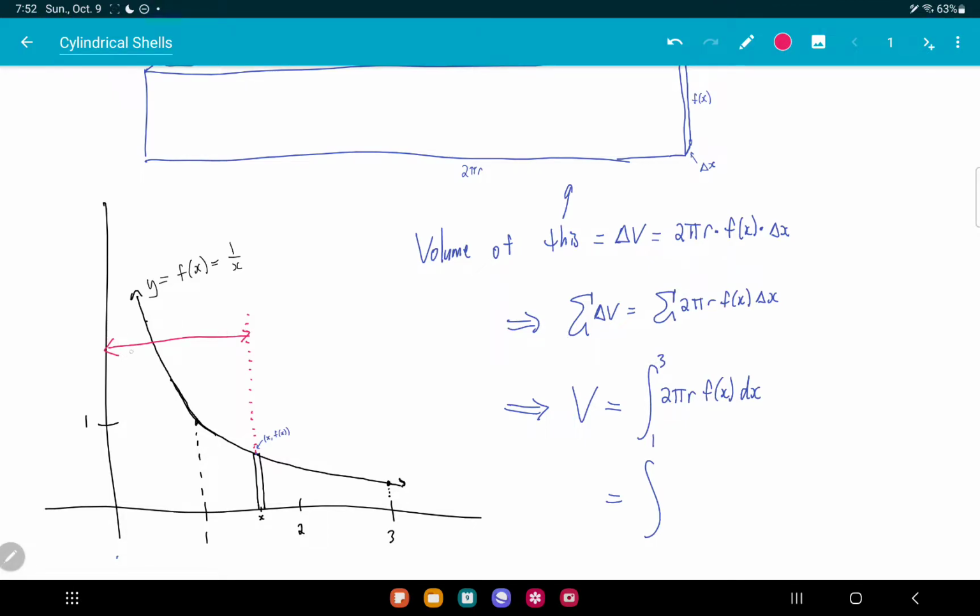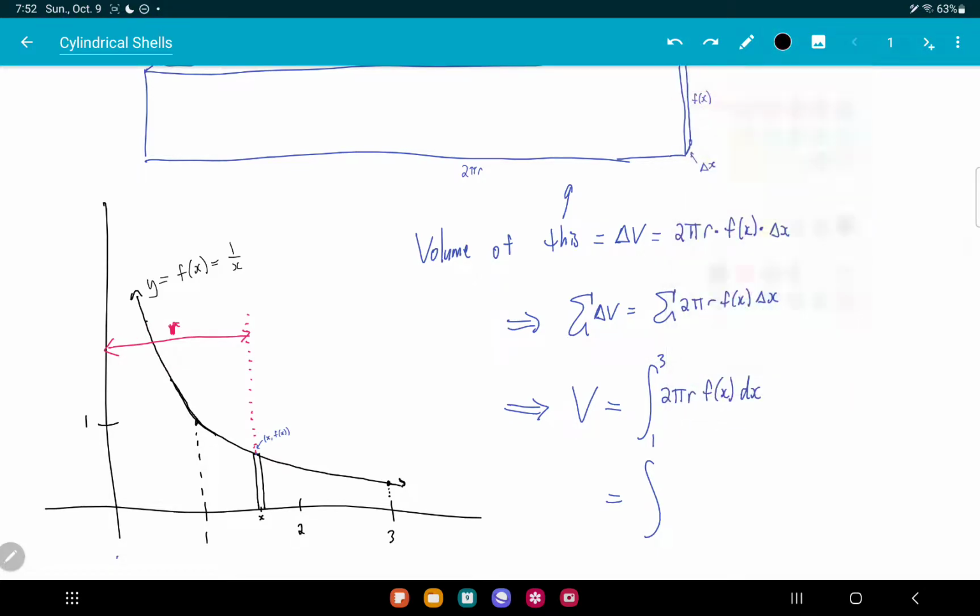So here's my r here. Now what's that? Well, it's so easy, it's hard. This r is exactly just x. You can see here I've labeled the point at the top of the rectangle, x, f of x. So my radius is just going to be x.